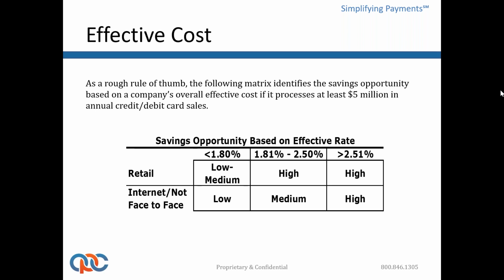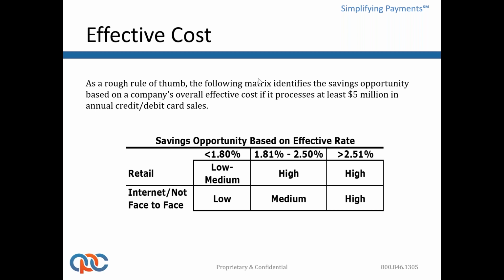And what we try to do here, based on our experience over the last 10 years in consulting, is create this grid for you to show you that if you can calculate your effective cost, what kind of savings opportunity there might be, given if you're retail or card not present, and what your effective rate is.